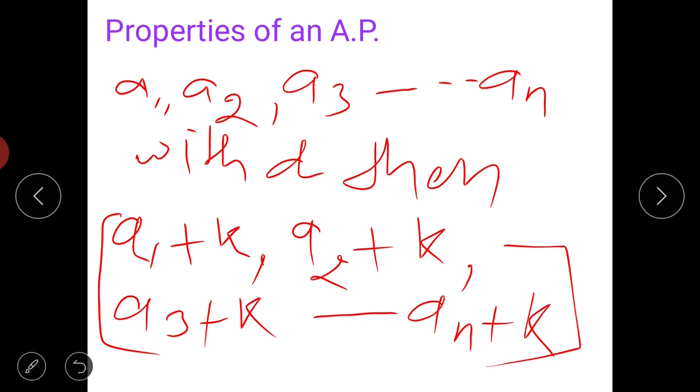This sequence is also in AP. So when some constant is added to each and every term of an AP, the sequence is also an AP. Are you getting or not? Yes. So what is the next property?